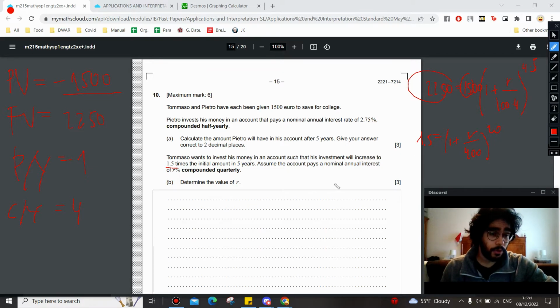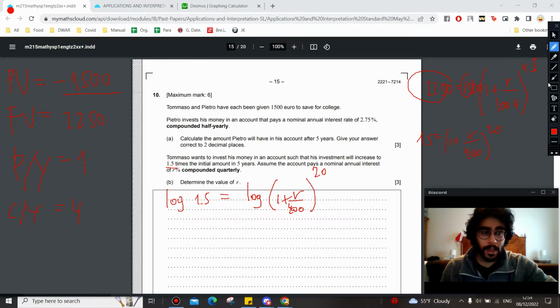I can take the log of each side. So I have log of 1.5 is equal to log of (1 plus R divided by 400) to the power of 20.